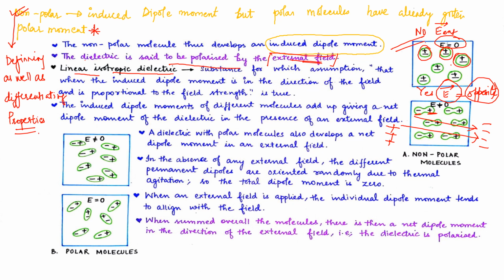Linear isotropic dielectric substances are those for which we assume that the induced dipole moment is in the direction of the field and is proportional to the field strength.